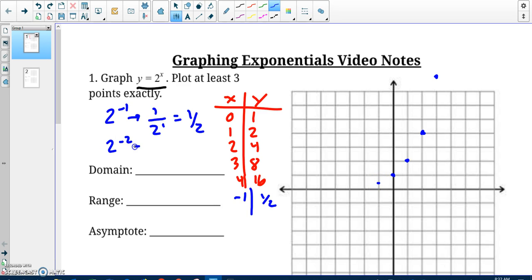When you plug in -2, well, that's 1 over 2 squared, so that's 1/4. -3, we get 1/8. We'll continue to get smaller and smaller fractions as we go further and further negative. If you see these points here, and we connect them, what happens is we get a graph that looks like this.